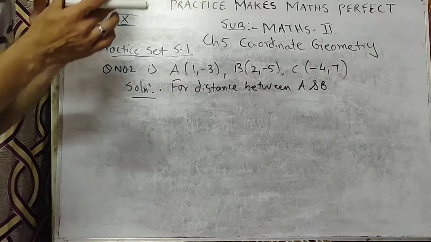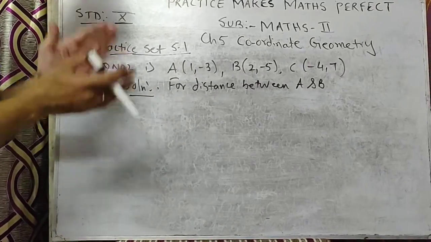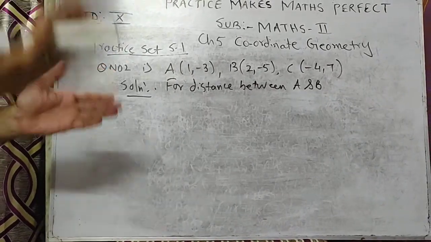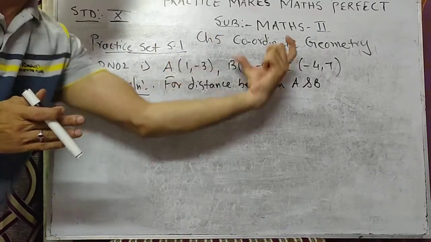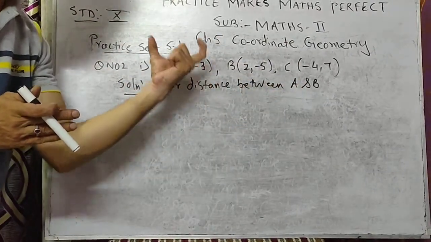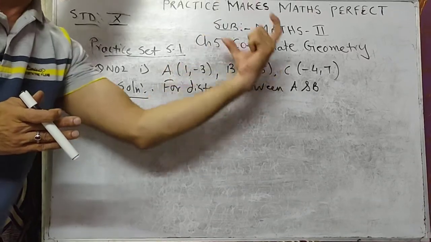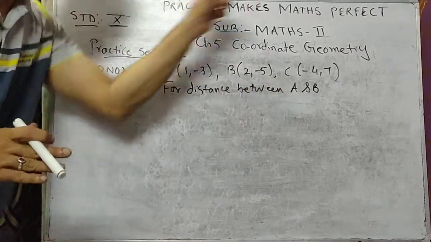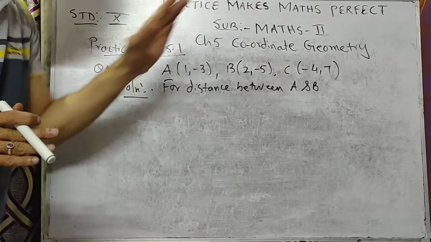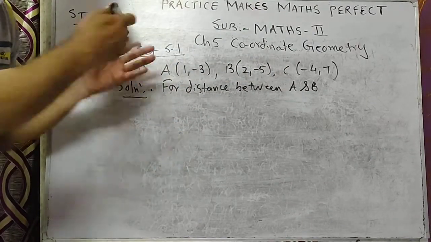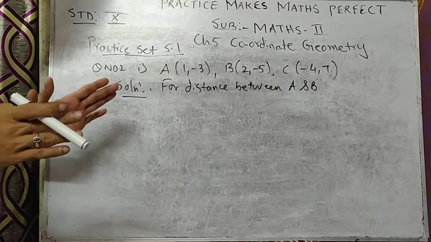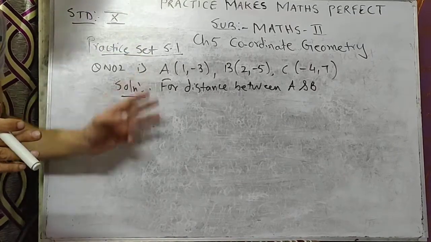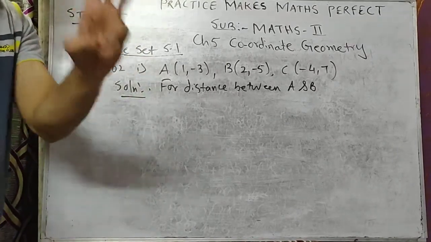Then you will check that the sum of two distances should be equal to the third. If distance AB plus distance BC is equal to distance AC, then the points are collinear. Is that clear? So in this you have to solve 3 times, using the formula 3 times.